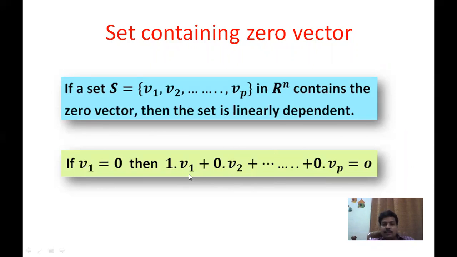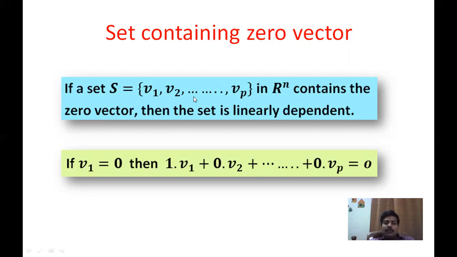And since v1 is the zero vector, 1 into 0 is again 0. So the left hand side is the zero vector, as the addition of zero vectors is again the zero vector. Here I can find a non-zero scalar, 1, so that the relation is satisfied. So this is a linearly dependent set whenever there is a zero vector in it.